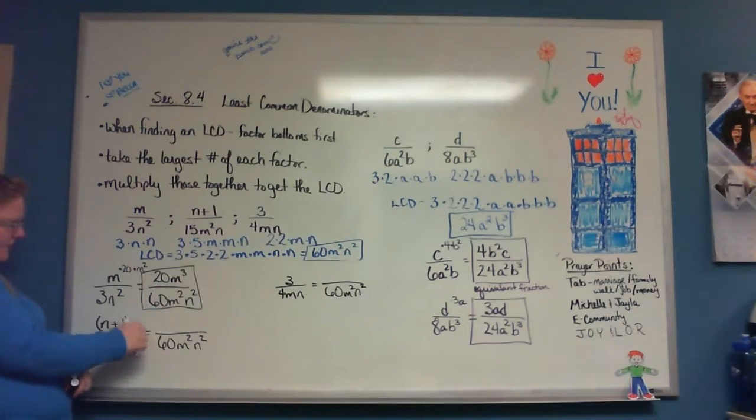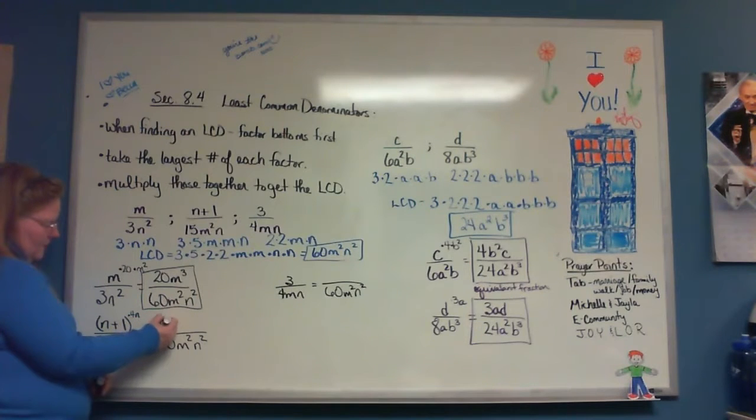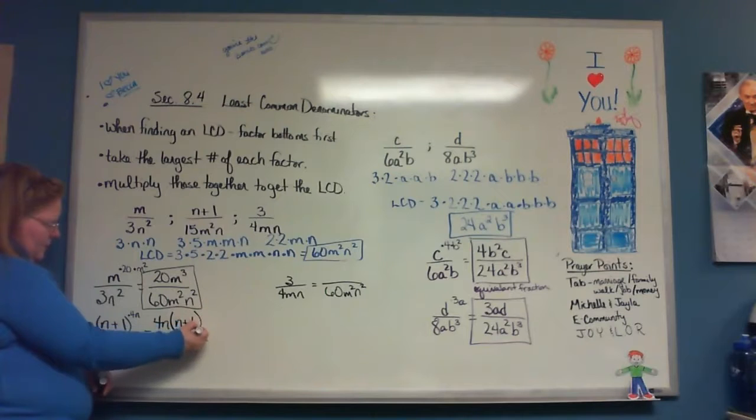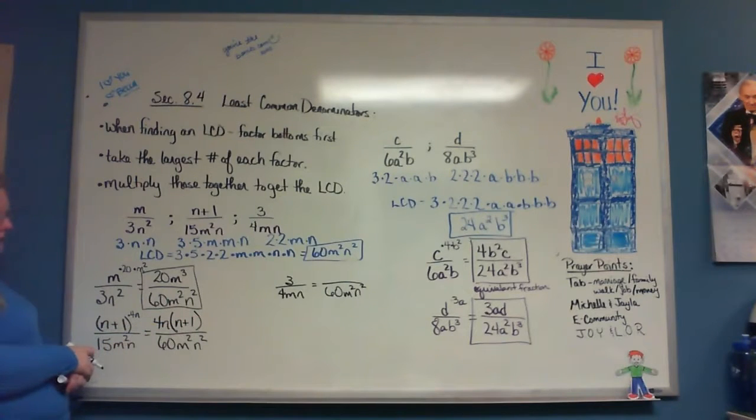Here, to get from 15 to 60, you're going to have to multiply it times 4. The m squareds are there, but I'm missing an n. So that's going to be 4n times n plus 1. Your question should be, do I need to multiply those out?